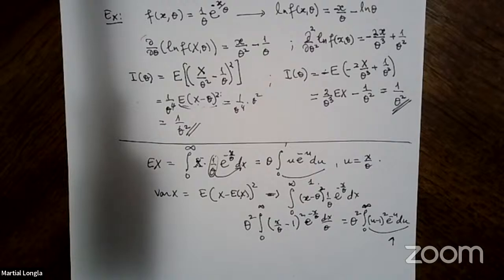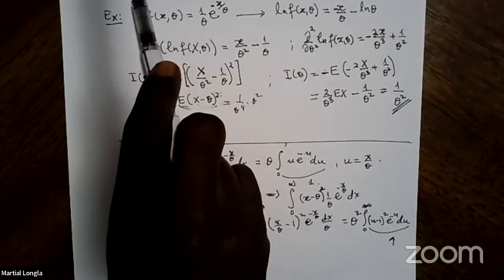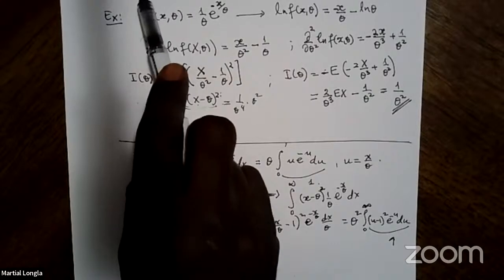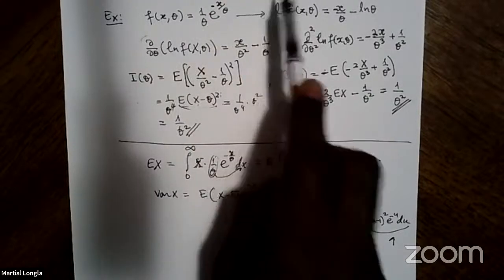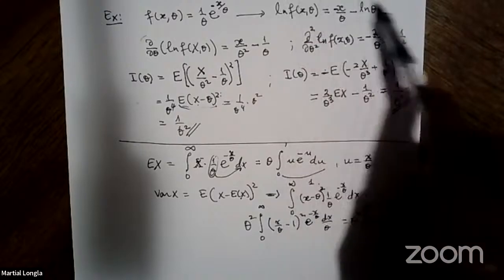Dr. Longla. Yes, sir. So Fisher information is I of theta, or is it the expected value of the derivative equal to negative the expected value of the double derivative? The Fisher information I of theta is by definition equal to this, and under the conditions that I'll give you later, it's also equal to this.